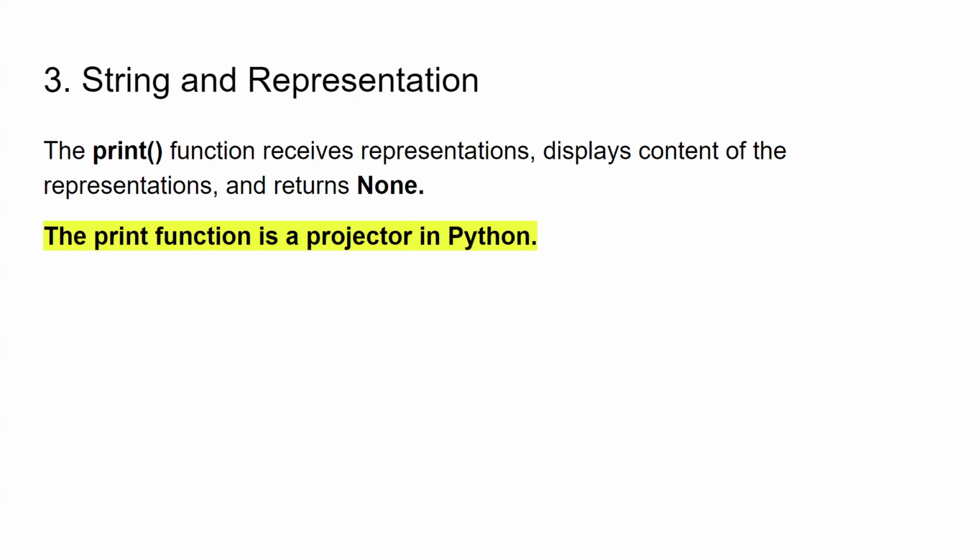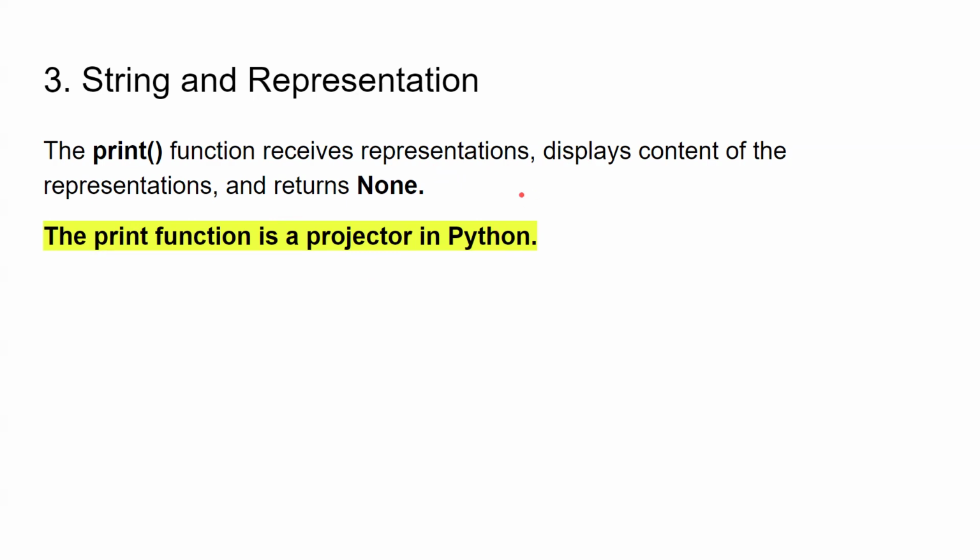It's only an image on the wall. Similarly in Python, the print function returns None, but it's actually displaying something to you, so you can see and read it.